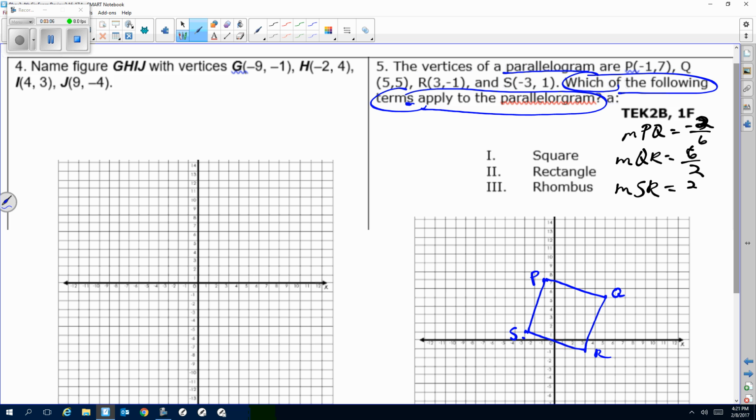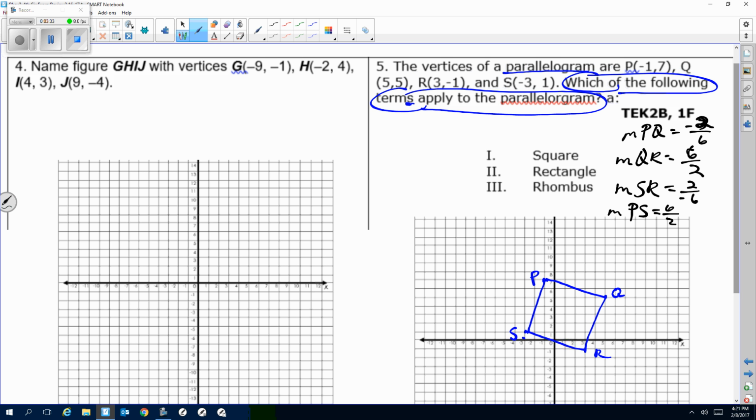When I did the slope, I did the slope from P to Q, so that's down 2 to the right 6. Then I did the slope from Q to R, that was down 6 to the left 2, so that ends up being a positive. And then the slope S to R, I forgot to write that. That's up 2 to the left 6. And then our slope P to S, or S to P, that's up 6 to the right 2.